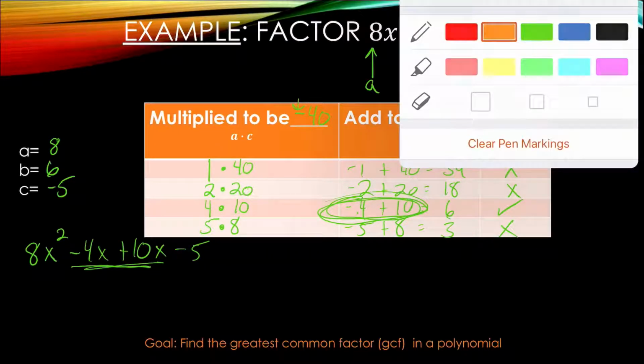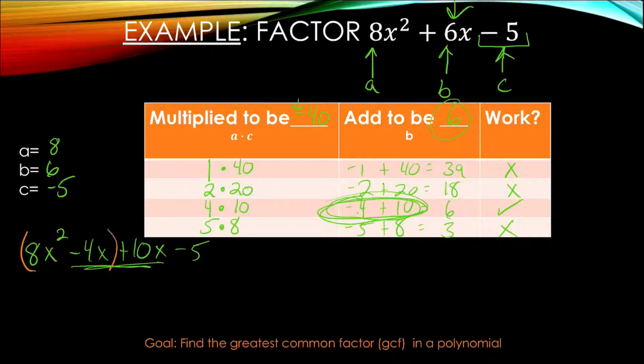Okay, next I'm going to group these. I'm going to find the greatest common factor of each group. So in my first group, 8x squared minus 4x, I know that I can take a 4 out for my numbers and 1 x out. So 8x squared divided by 4x, so 8 divided by 4 is 2, and x squared divided by x is just an x.